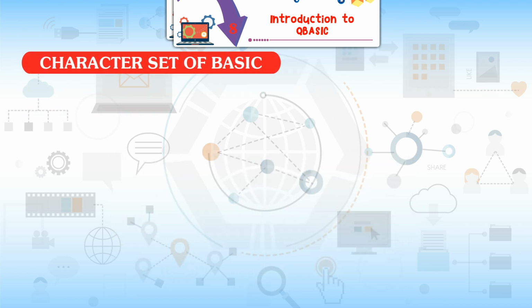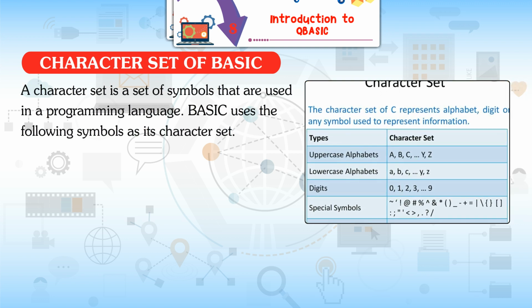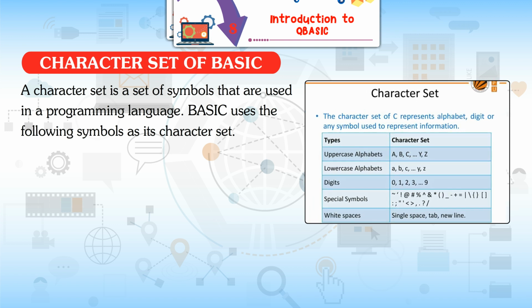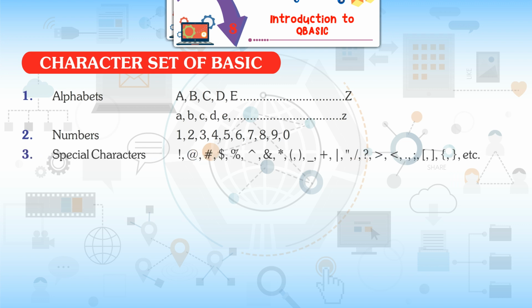Character set of BASIC. A character set is a set of symbols that are used in a programming language. BASIC uses the following symbols as its character set. 1. Alphabets: capital A, B, C, D, E onwards till Z; small a, b, c, d, e onwards till small z. 2. Numbers: 1, 2, 3, 4, 5, 6, 7, 8, 9, 0. 3.